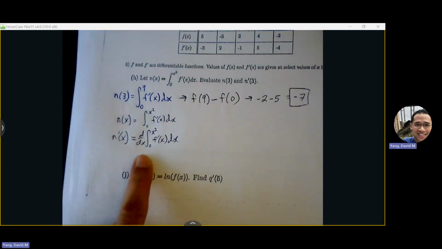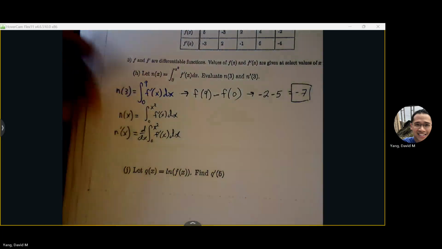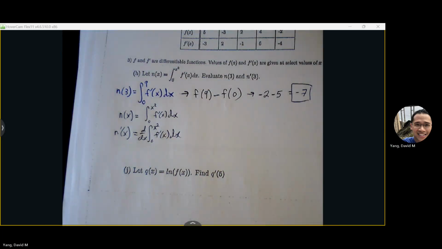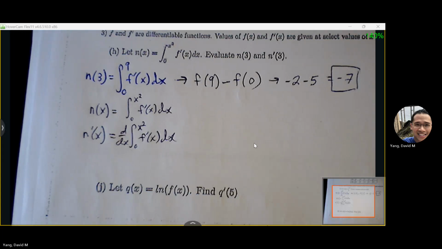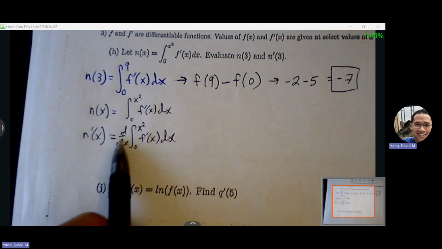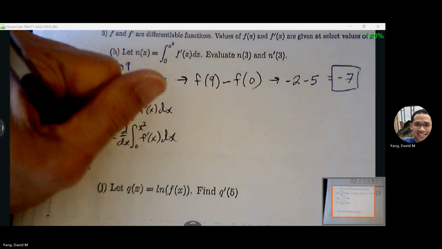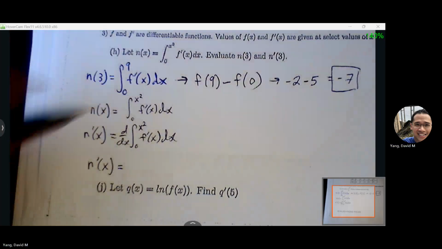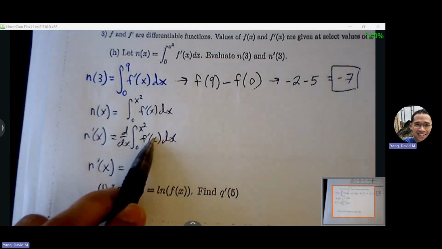Okay, so this should remind us of the second theorem. We know that these two operations cancel each other out. So for n prime, we're just going to plug the upper bound into the variable.